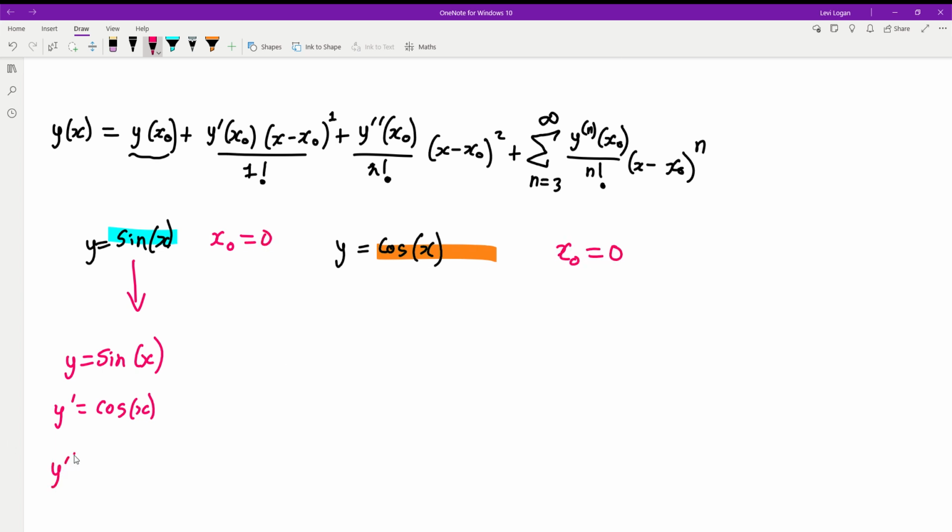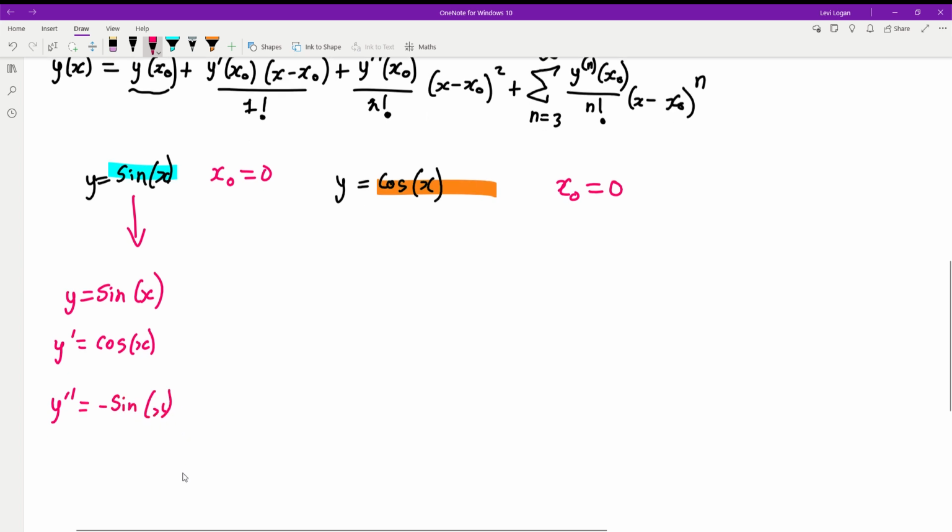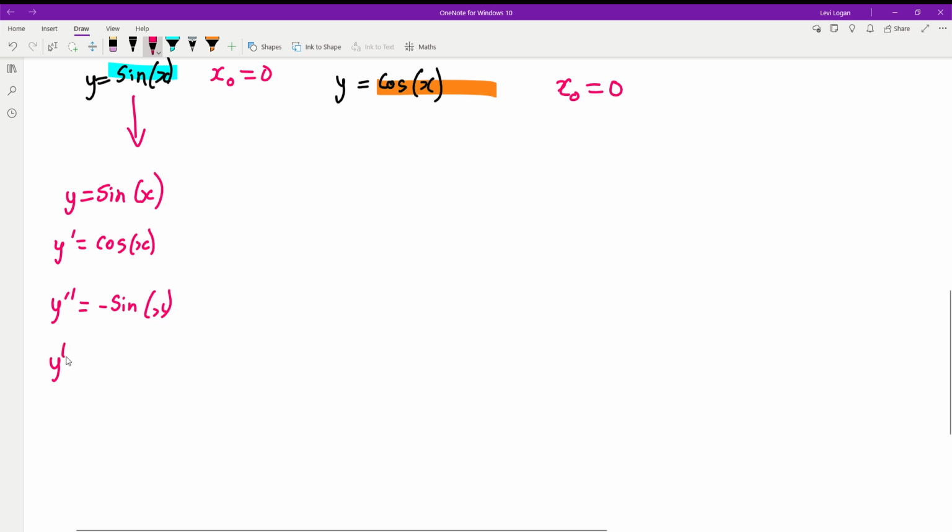The second derivative is going to be negative sine x. And then you differentiate that again, you get negative cos x. So you start to see a pattern starting to appear here as well. Trig functions cycle through the more you differentiate them. If I were to differentiate that again, I would get back to the start. So we're only going to differentiate to 3 here, and then we'll do the same thing here. So y equals cos x.